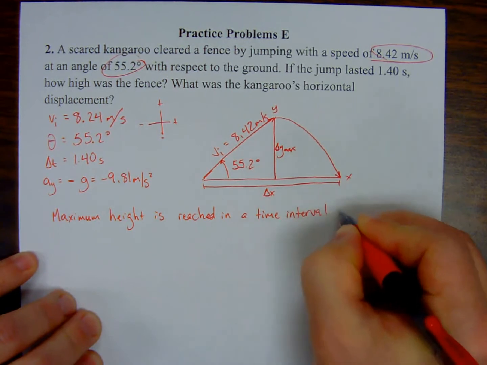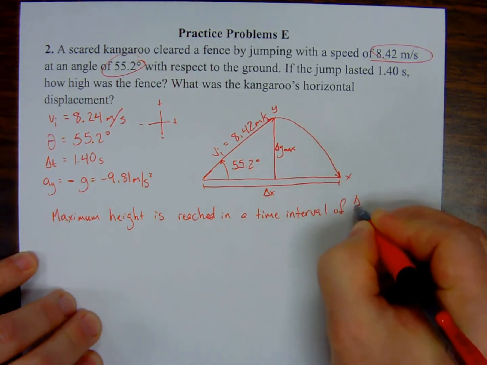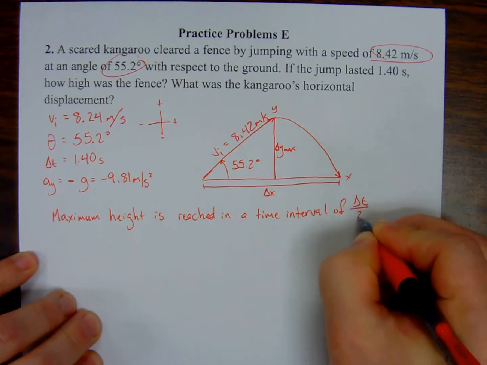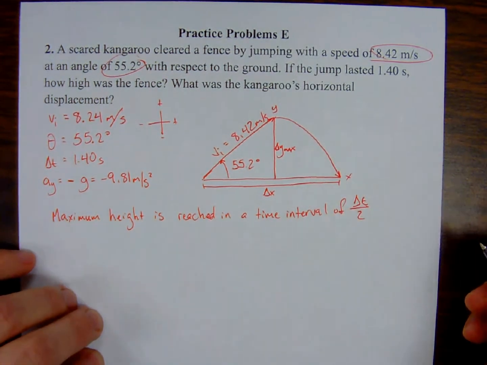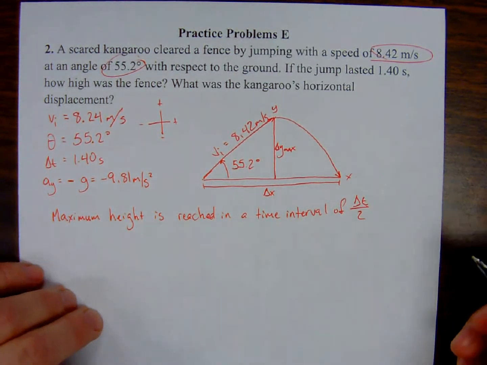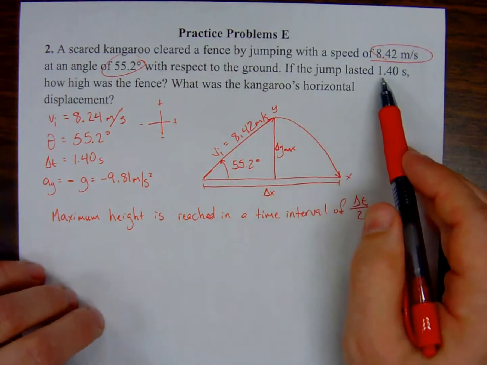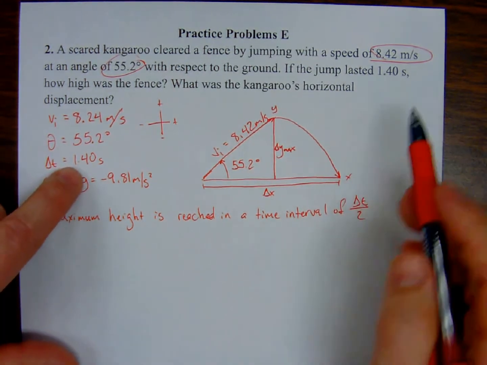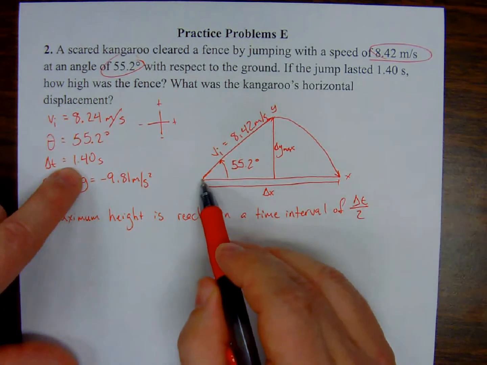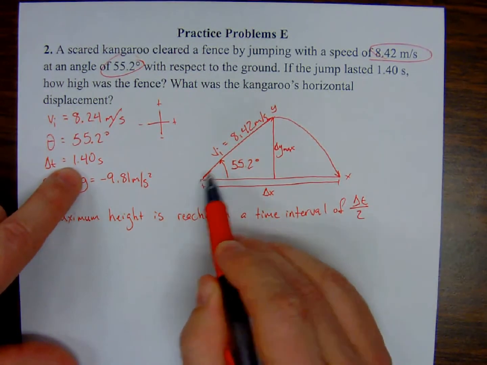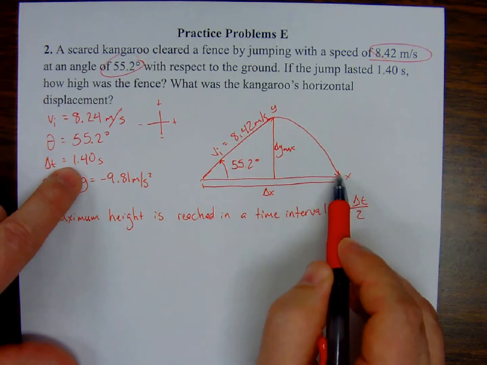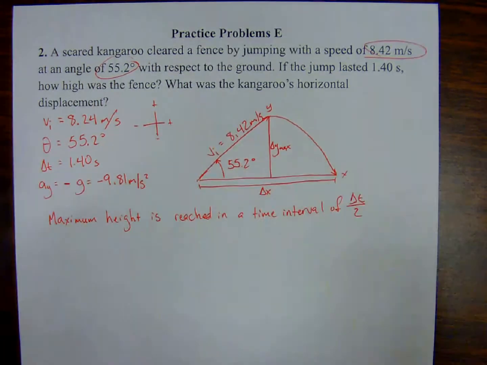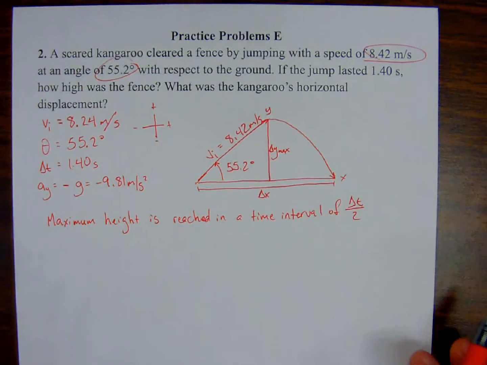Half is going to be very important, because the total change in time is 1.40 seconds, which is the amount of time it takes for the kangaroo to go from its starting position to its final position. If you just look at movement in the y direction, the kangaroo will have 0 vertical displacement, because it goes up and then comes back down and ends in the exact same position.